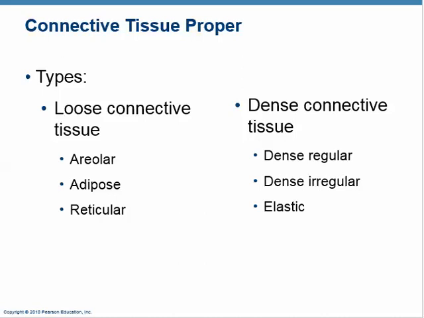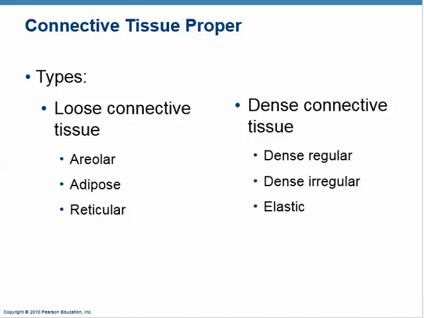So we use dense regular where the pull is always in one direction. So things like ligaments and tendons tend to be dense regular. Dense irregular is used where there is pull in a lot of different directions. So it ends up being like particle board or chipboard, felt, paper, that kind of thing.